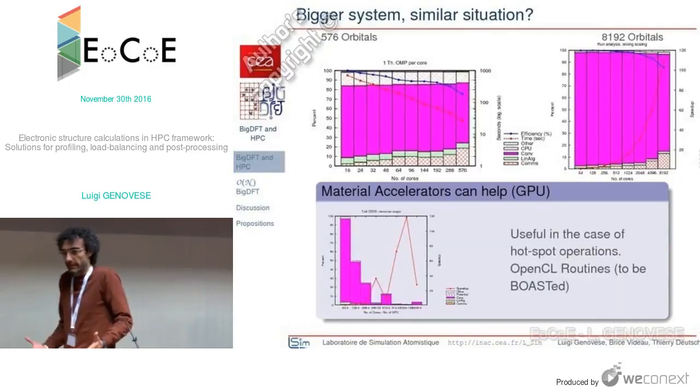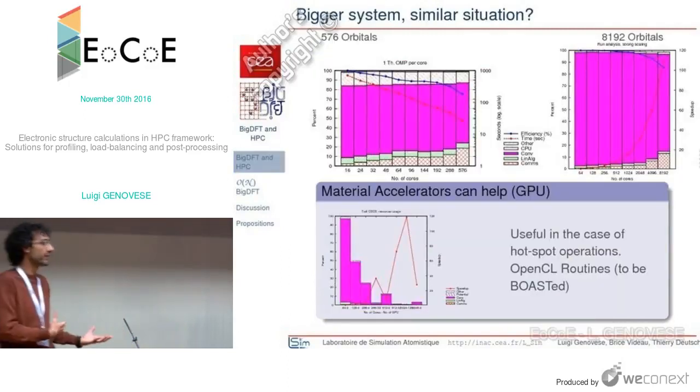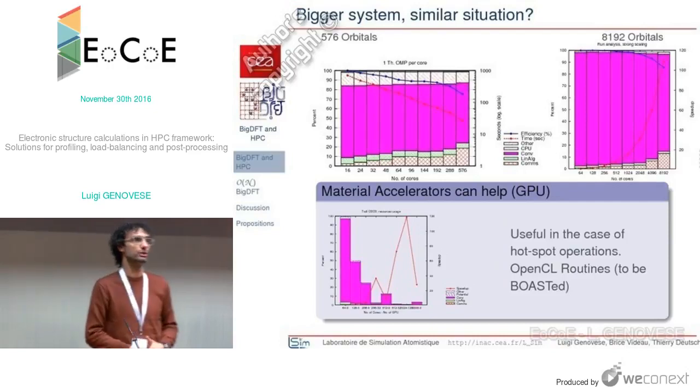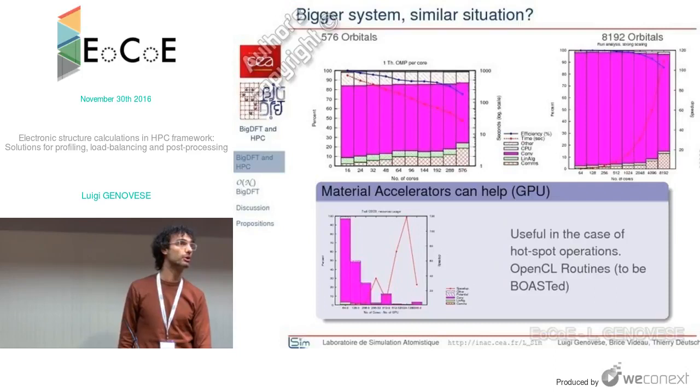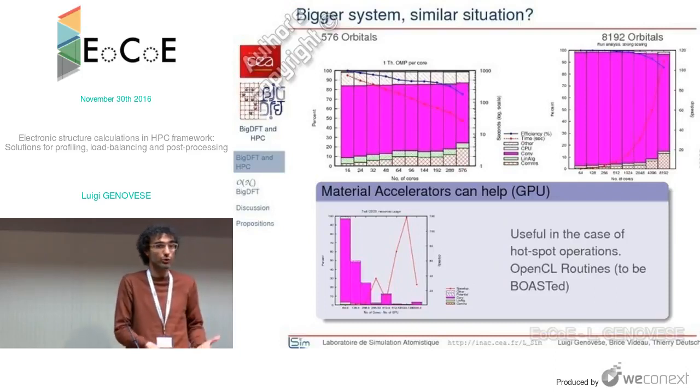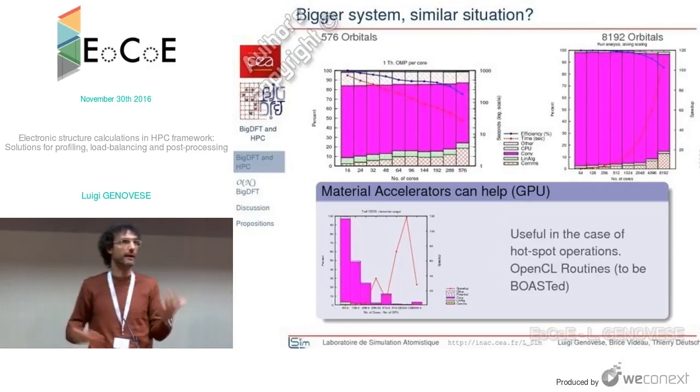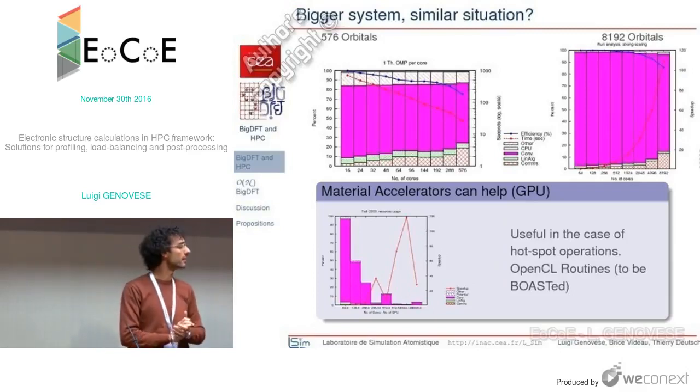But if you are still in a situation where you have a hotspot operation, which is advantageous, you might use GPUs to reduce this purple curve, just by accelerating the convolution kernels or the FFTs, depending on which main basis set you use in your DFT code, and you might achieve very interesting speed-ups.